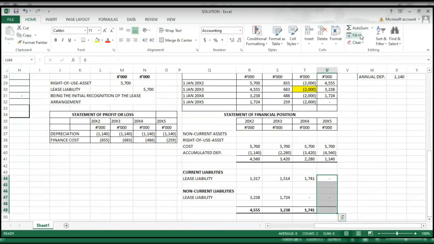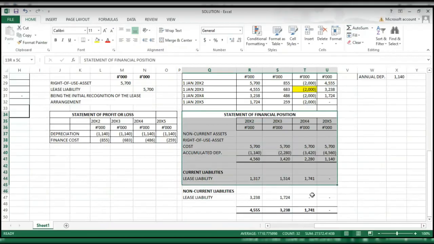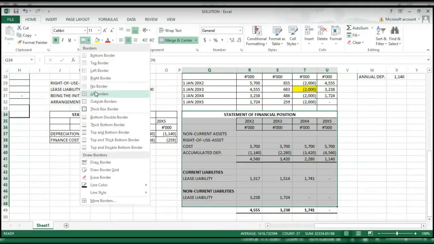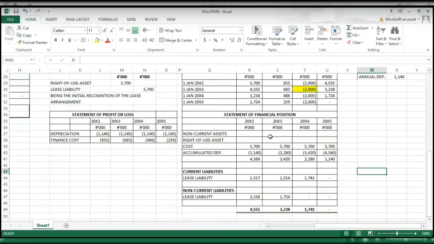This is how you prepare your balance sheet as far as this lease arrangement is concerned. Let me put it in a box there so that you understand exactly what we have done when you are reviewing it. When you are doing your balance sheet, the lease liability will be split into current and non-current liabilities.